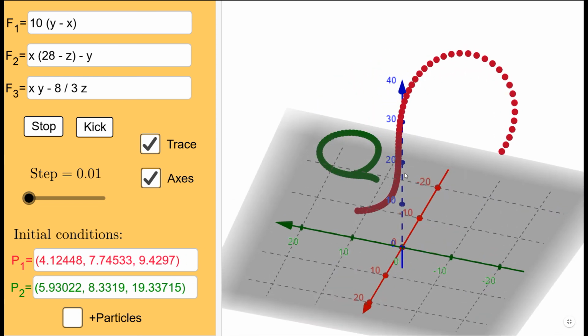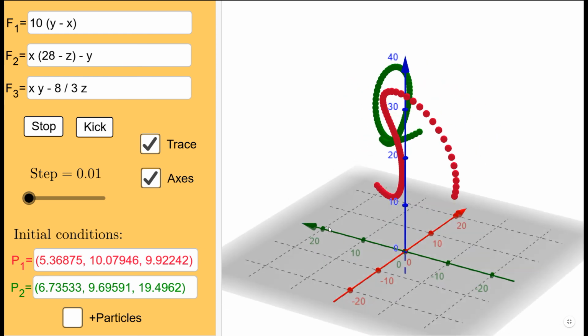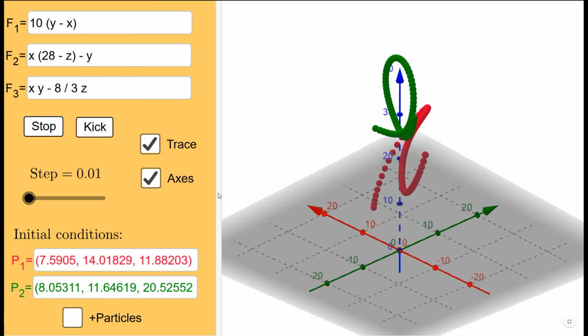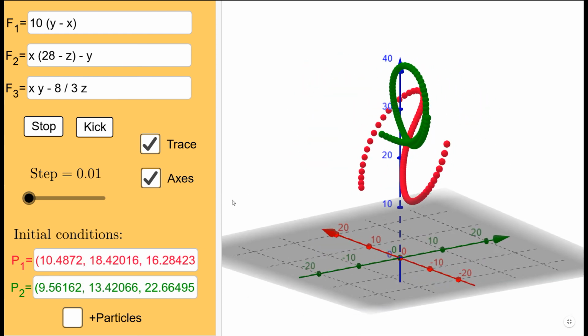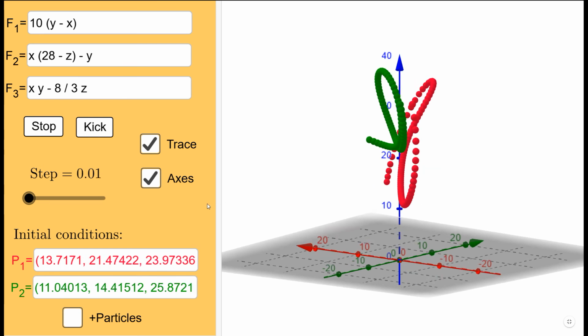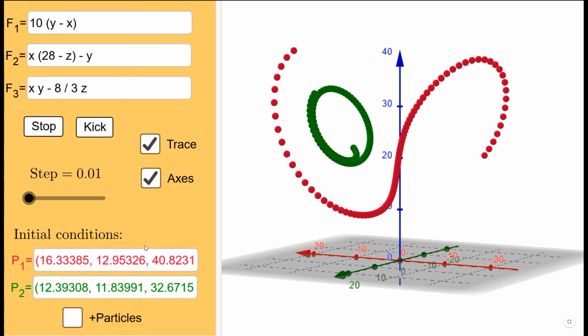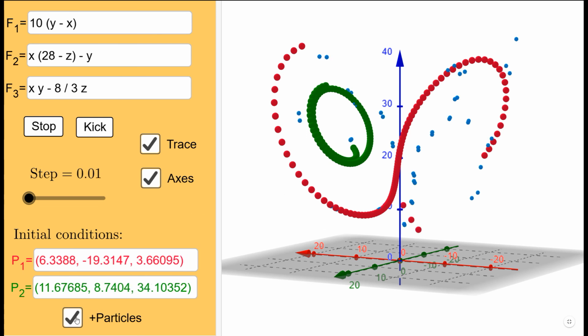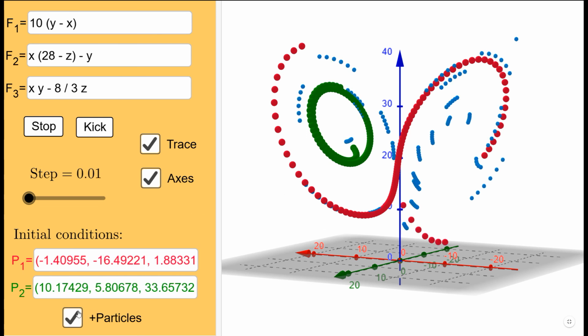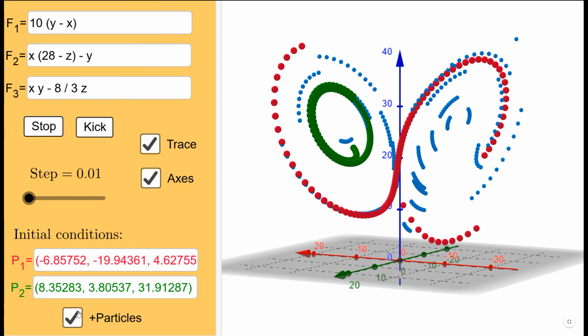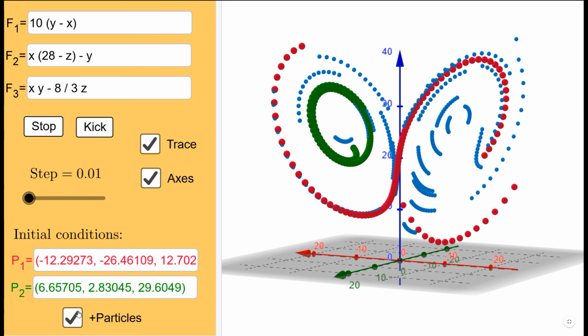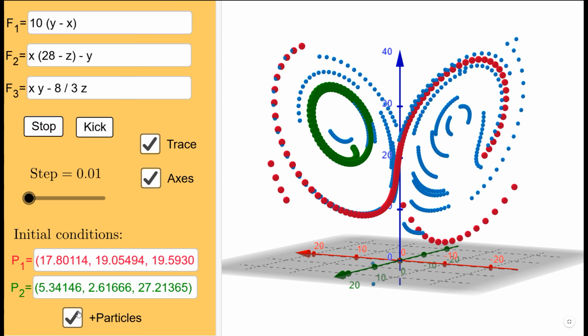It's easier to get a better idea of what's going along if we can look at multiple views here. I can add a bunch of particles, and we can see what all those particles are doing as they trace through time.